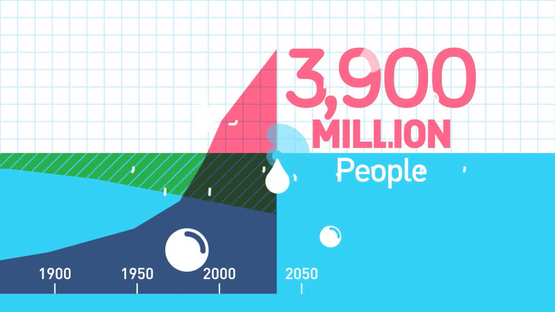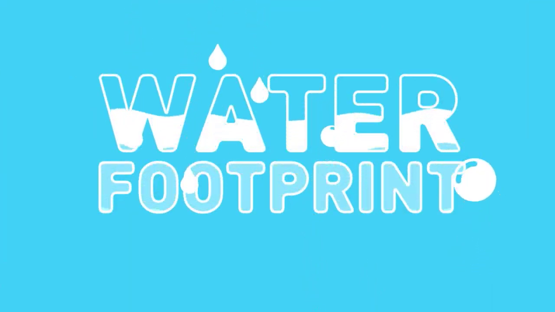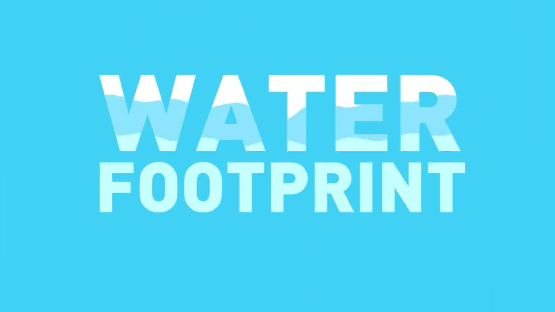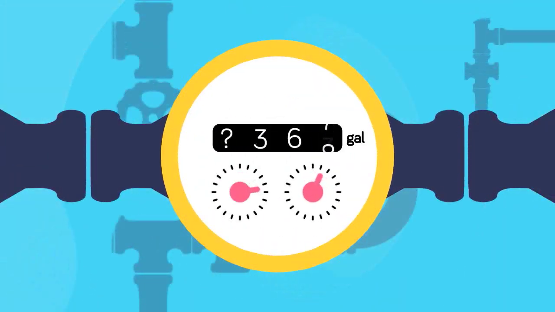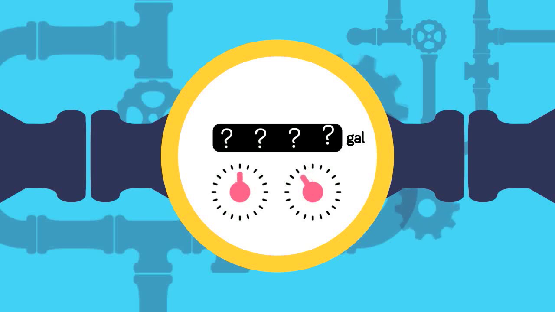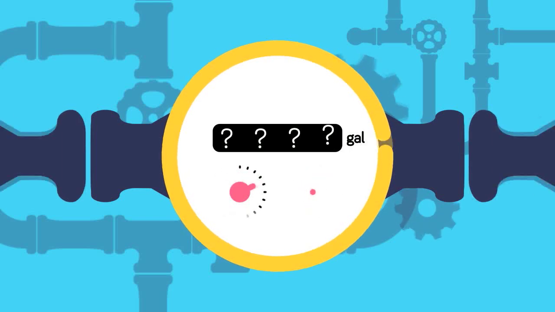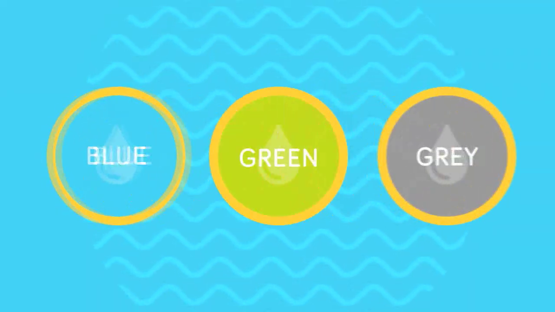The water footprint is an indicator of the consumption of this natural resource. It is defined as the volume of fresh water appropriated by a company to produce its goods and services. This calculation is made by classifying the sources of water in three components.